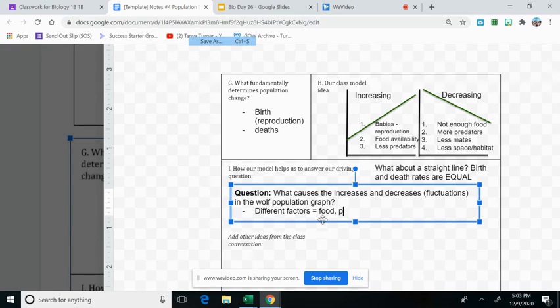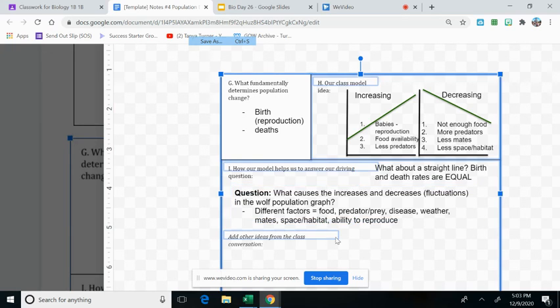It would be predators and prey. It would be disease, weather, mates, space. What else do we say? Ability to reproduce. I think that is everything.